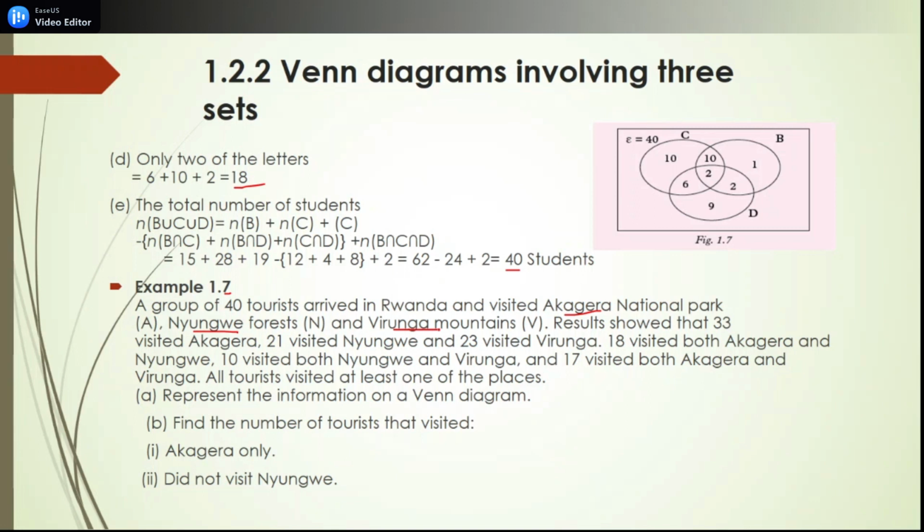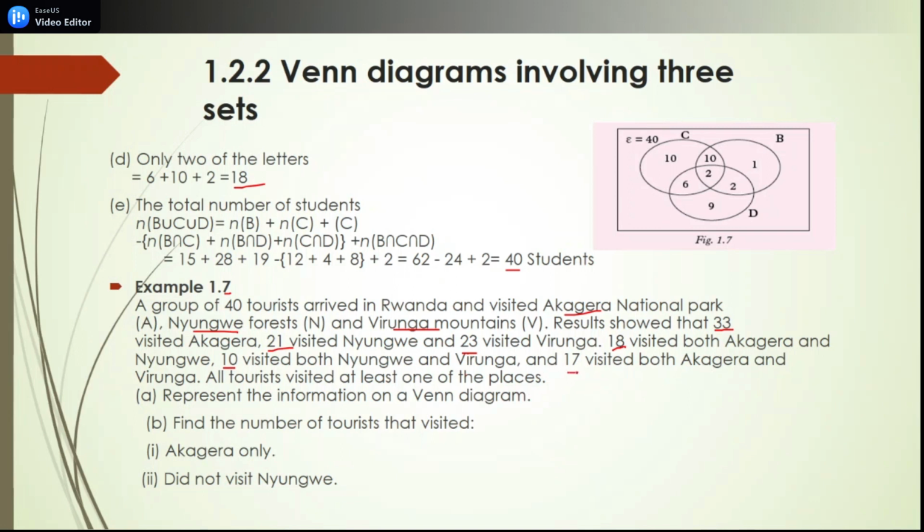Results showed that 33 tourists visited Akagera, 21 visited Nyungwe, 23 visited Virunga, and 18 visited both Akagera and Nyungwe, 10 visited both Nyungwe and Virunga, and 17 visited both Akagera and Virunga.